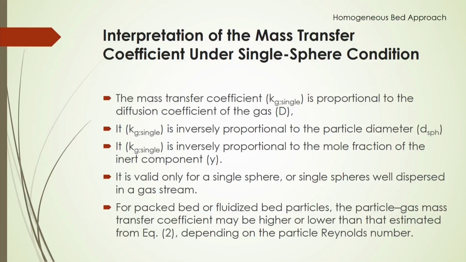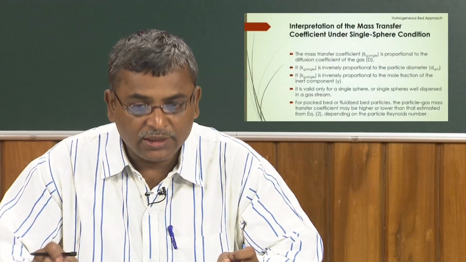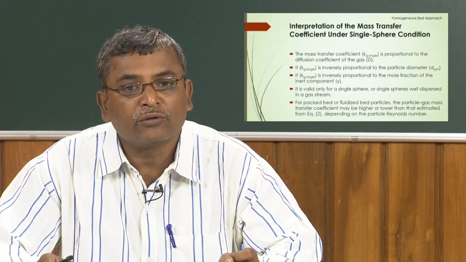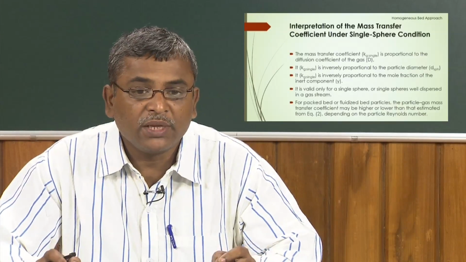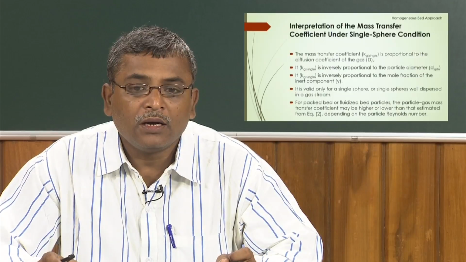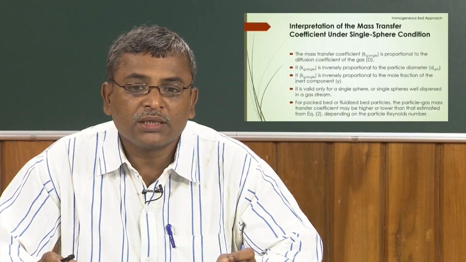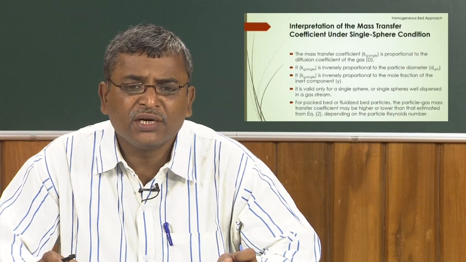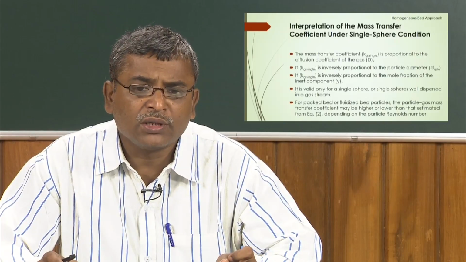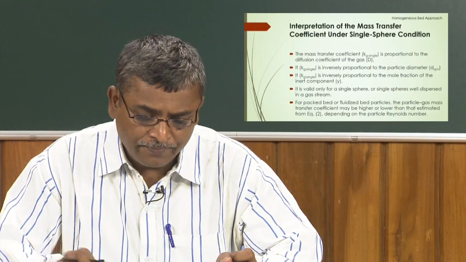For packed bed or fluidized bed particles, the particle-gas mass transfer coefficient may be higher or lower than that estimated from equation 2, depending on the particle Reynolds number. So, very important, this particle-gas mass transfer coefficient depends on the operating conditions.